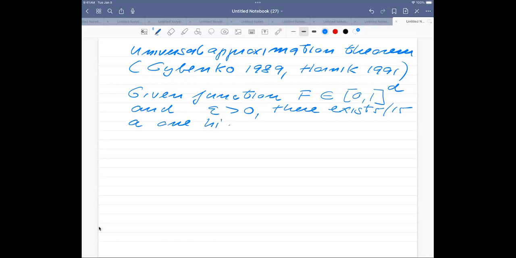hidden layer neural network, so NN is neural network, which now has parameters, f of x and these parameters theta.